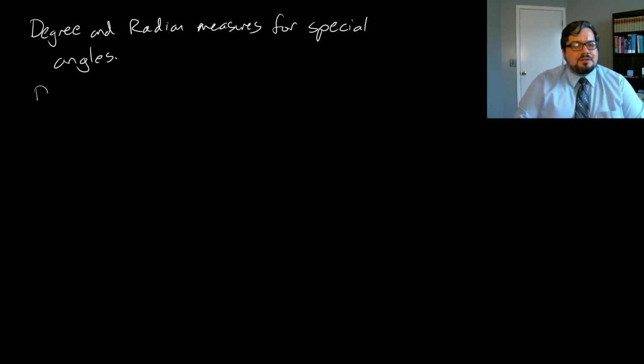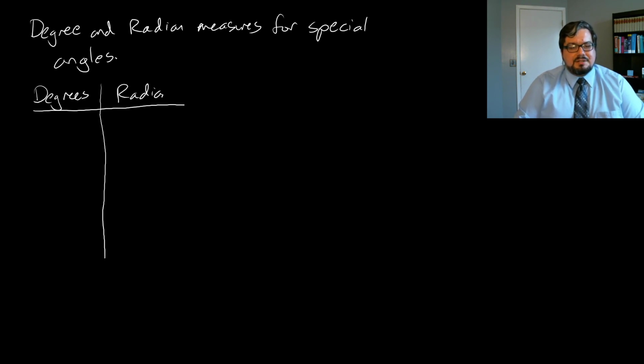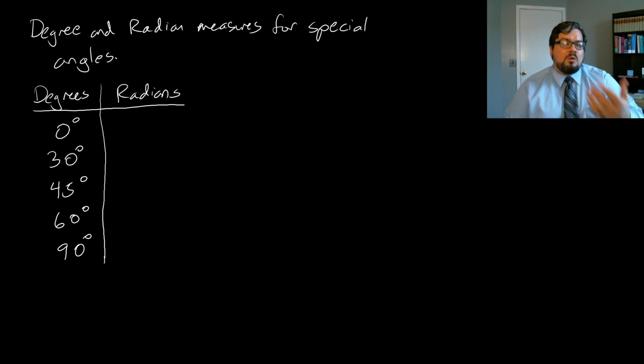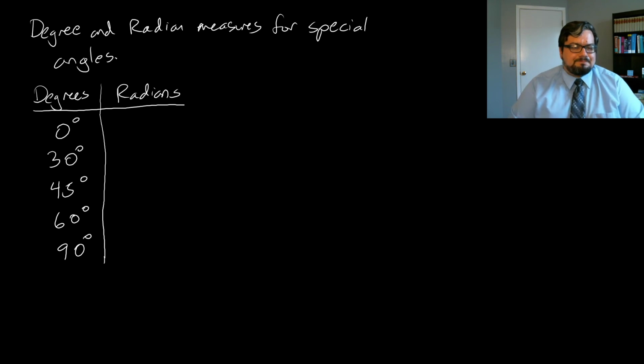And the angles that we're going to want to look at are the ones that are multiples of 30 or 45 degrees. So we'll want to look at 0 degrees, 30 degrees, 45 degrees, 60 degrees, and 90 degrees. Eventually we're going to want a lot more of these, but these are enough to start with.